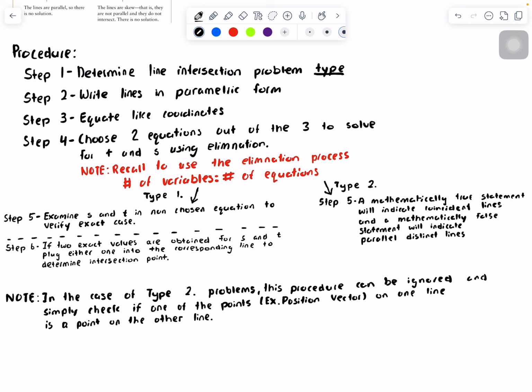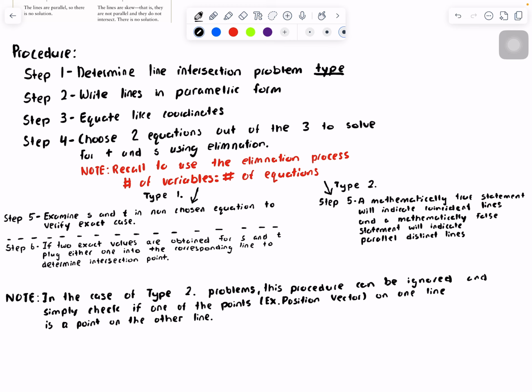In the case of type 2 problems, so when we have parallel direction vectors, this entire procedure could be ignored, and we simply check if one of the points, typically you'll use the position vector, on one line is a point on the other line. The reason this works is because we've already separated it into 2 classification types, type 1 and type 2.